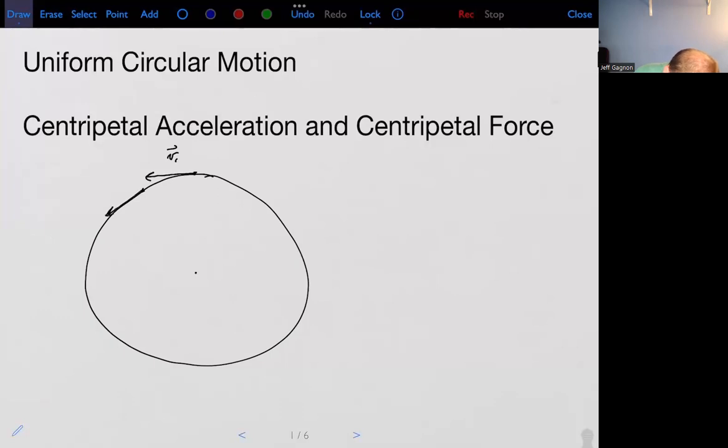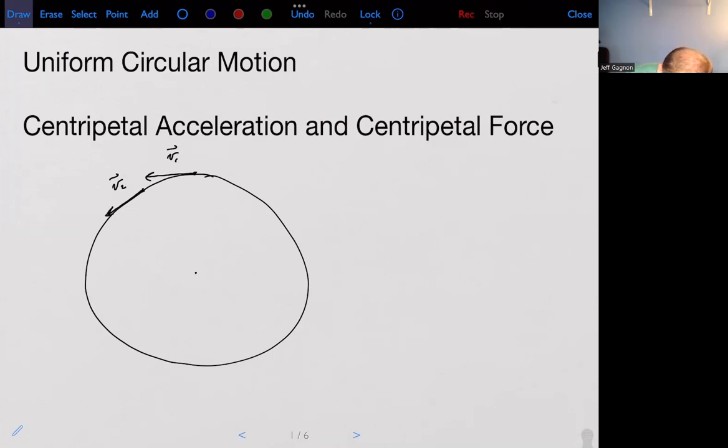And because it's traveling at a constant speed, the length of that velocity vector is going to be the same. So the length of v2 is the same as the length of v1. But notice that the direction is different, okay? So here, let me write down what I have so far.